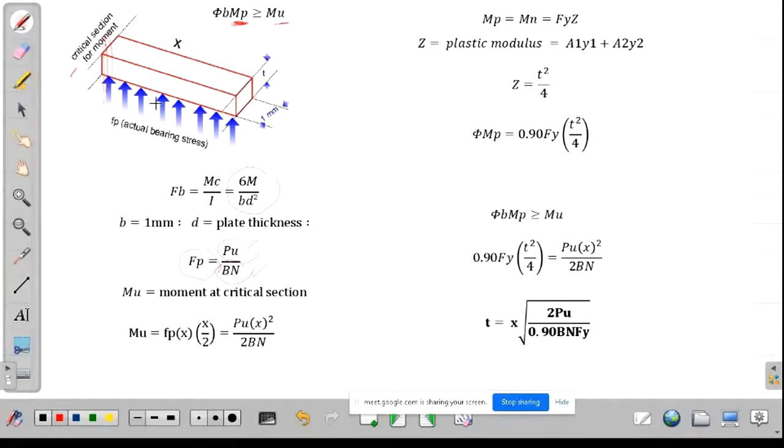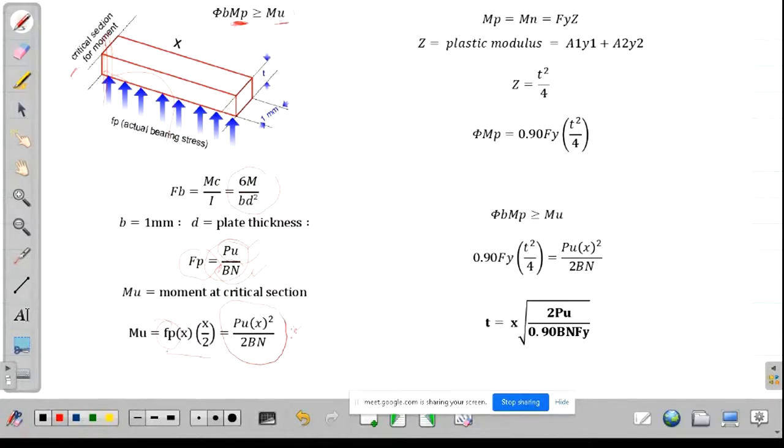So pag nag-moment tayo dyan, FP times X over 2. Nag-moment tayo dito. Okay? And then substituting yung equation ng FP, ito, PU over BN, nakukuha natin itong equation. So yan yung equation natin for the MU. Ito yung equation natin.